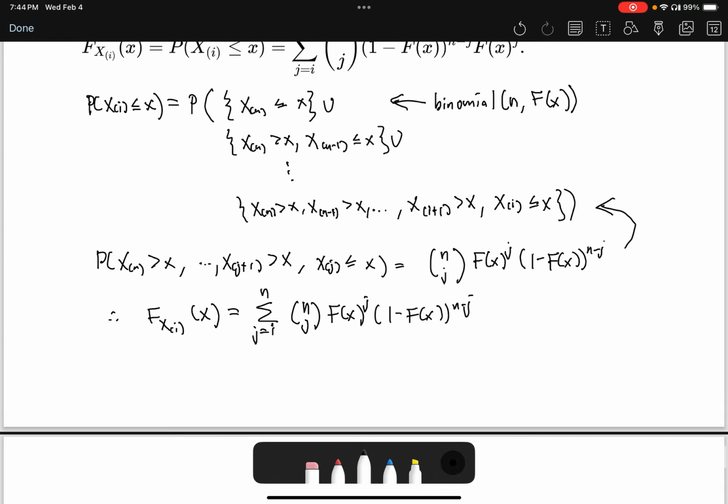Because we need one of these expressions for each one of these events up here. And so we're going to go from j equals i all the way up to j equals n. And so that's our CDF for the single order statistic Xi.